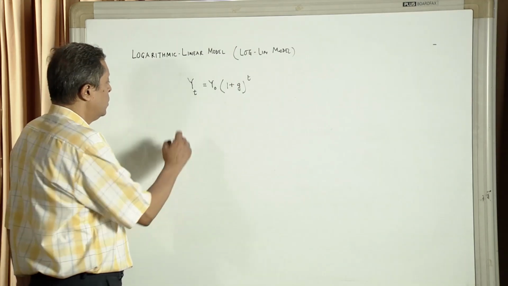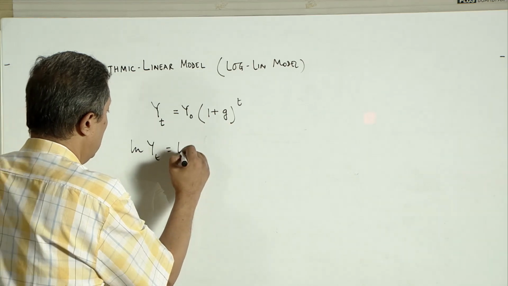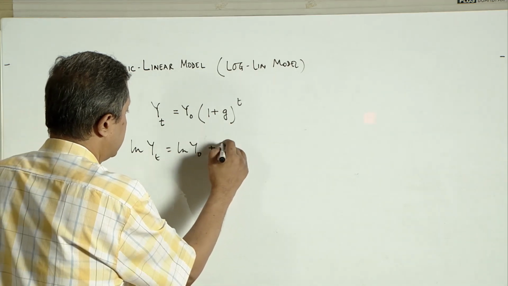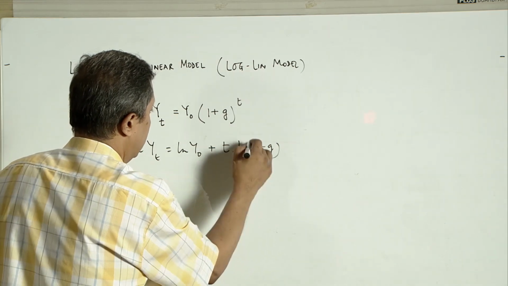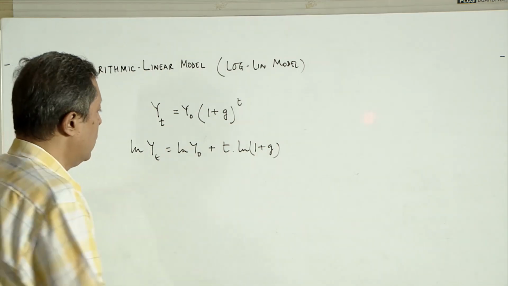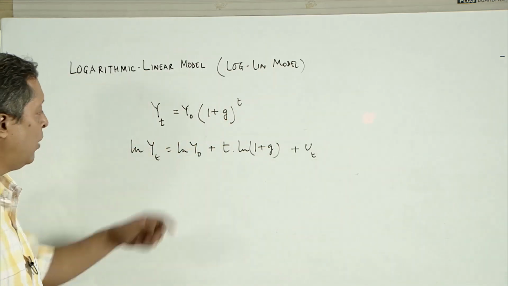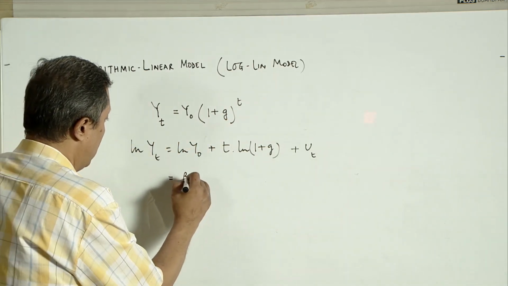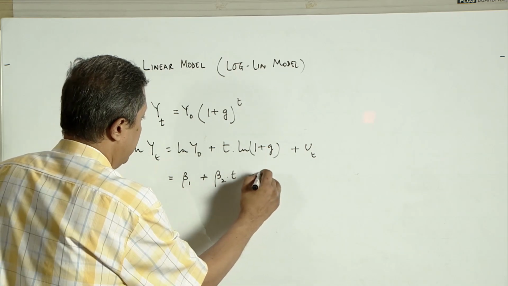T time periods. So, we can write log y t is equal to log y0 plus t times log 1 plus g, but that is a deterministic relation. So, what we do? We add ut, and that is exactly our model what we had written, beta 1 plus beta 2 times t plus ut.